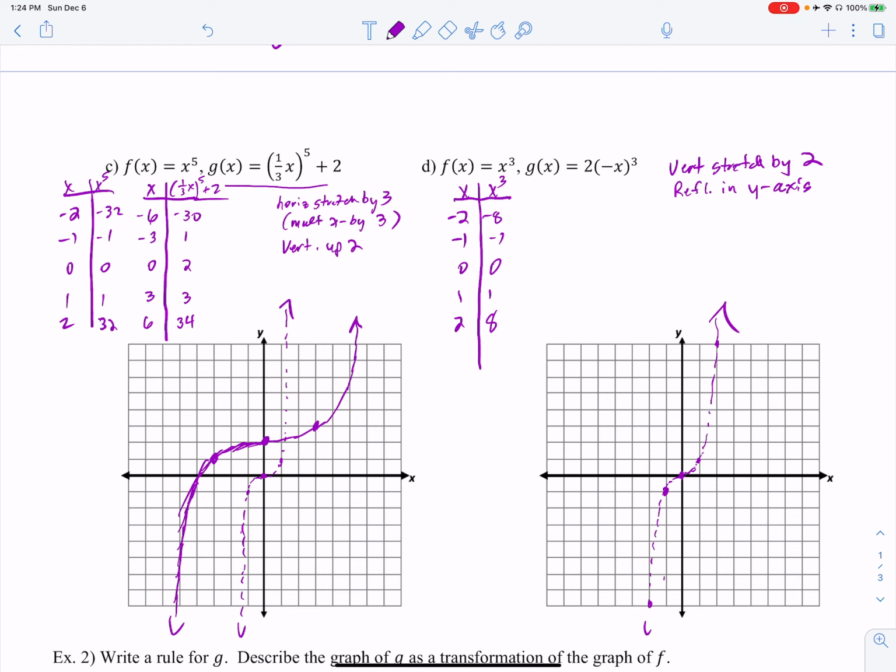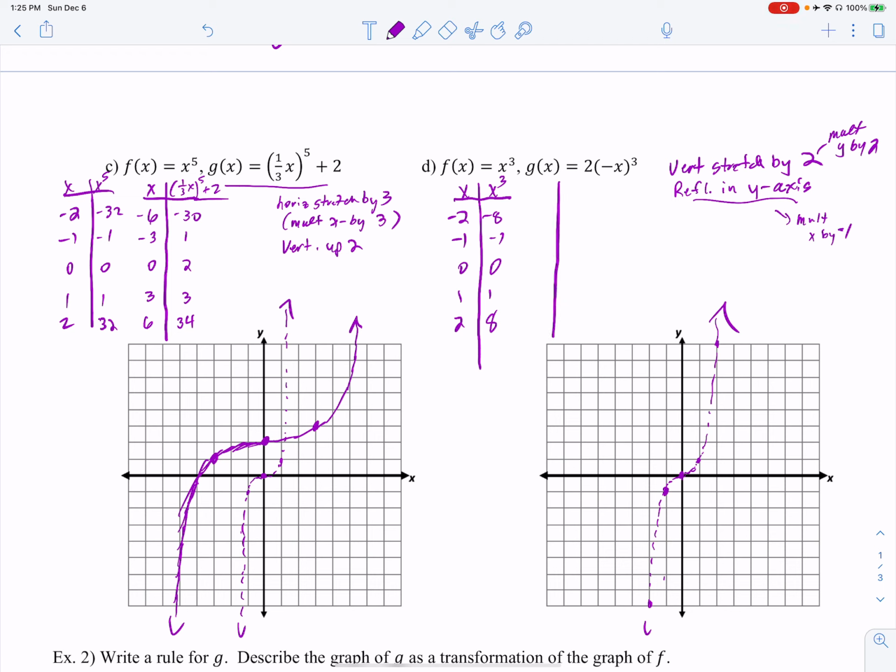So the vertical stretch by 2, you're going to multiply y by 2. And the reflection in the y-axis, you're going to multiply x by -1. You're going to change the signs.